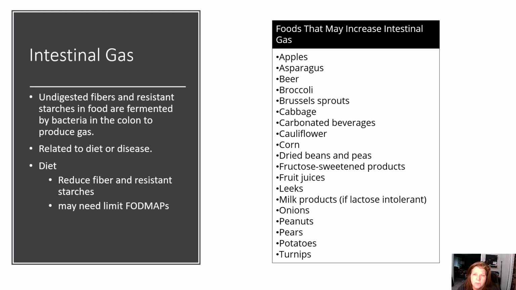So we have a list of foods one can maybe limit from their diet when gas is a problem. Again, this is just something that we want to limit the symptoms, make things a little bit more comfortable for individuals. It's not something that is going to be life-saving or anything like that. And then we'll talk about the FODMAPs a little bit later in this discussion.